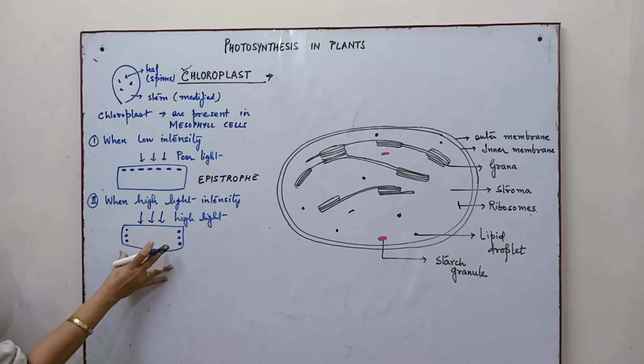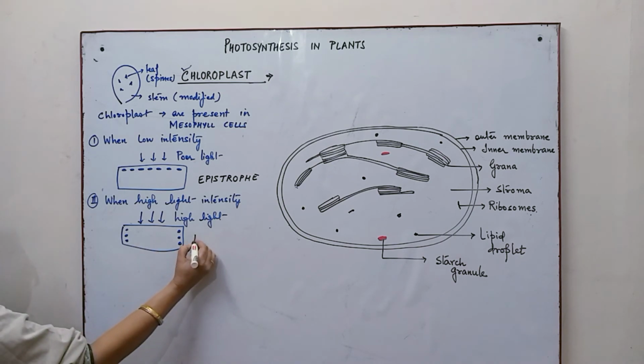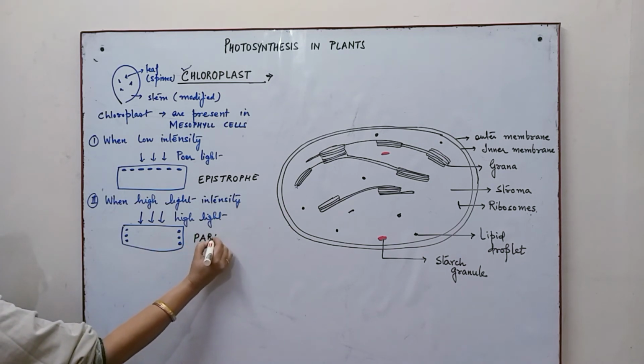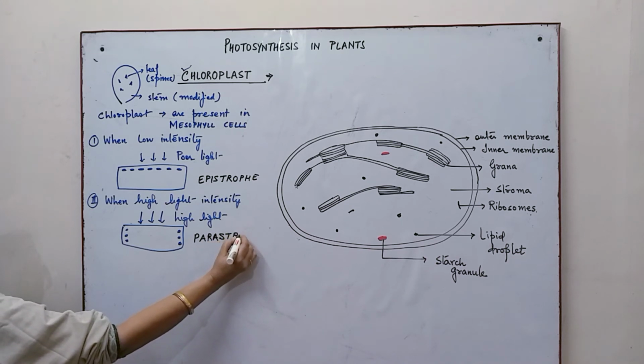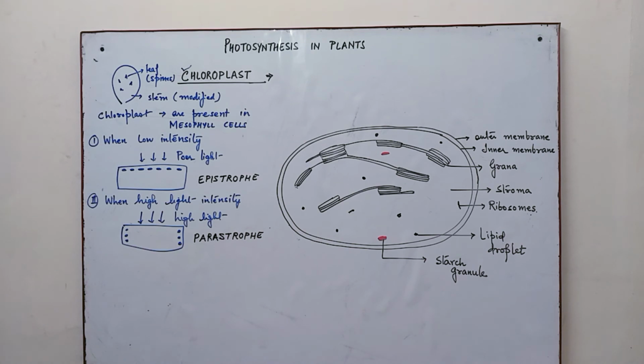The reason for this is that if they are exposed directly to a lot of sunlight, the cells will undergo photooxidation. So, to prevent photooxidation, the chloroplasts align themselves perpendicular to the walls of the mesophyll cells, and this is known as peristrophy. These are the two different arrangements of the chloroplast within the mesophyll cells.